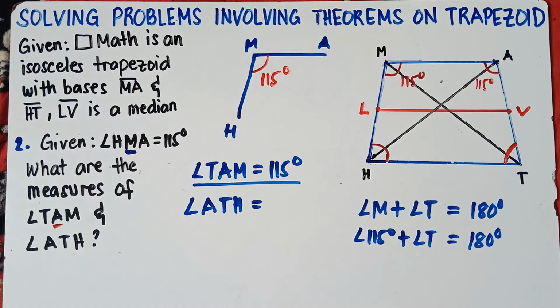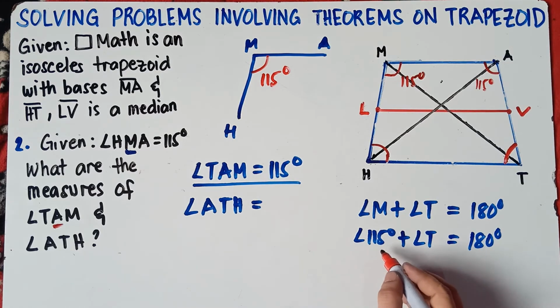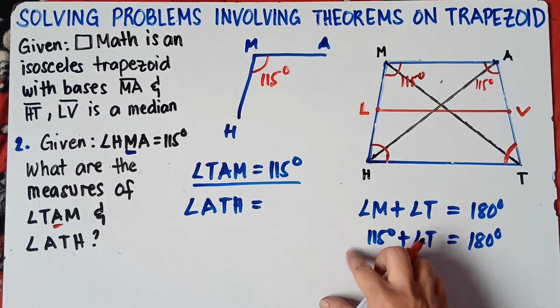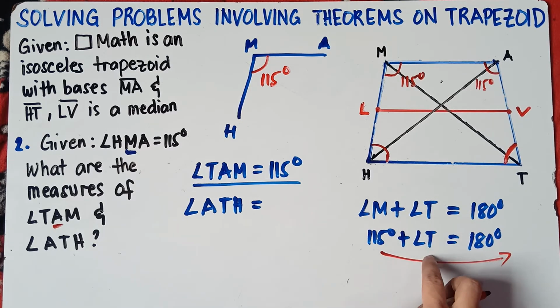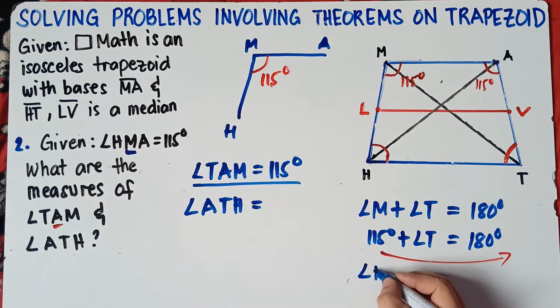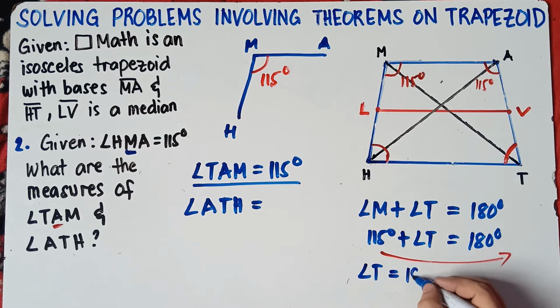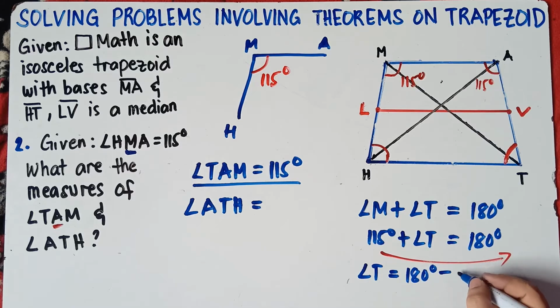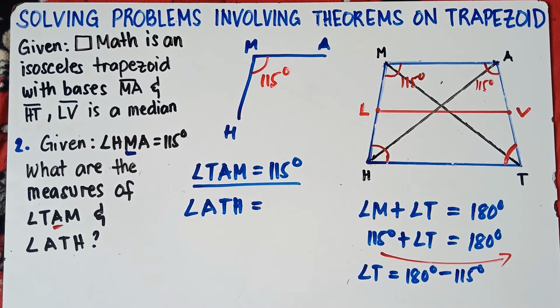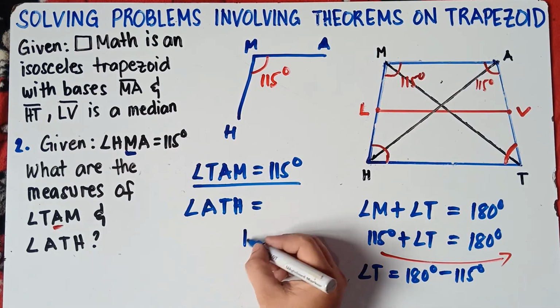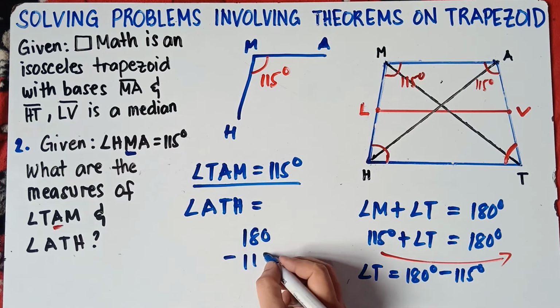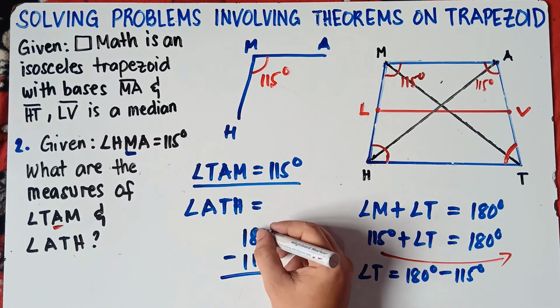To get angle T, transpose angle M, 115 degrees, from left to right. So angle T is equal to 180 degrees minus 115 degrees. Let's subtract that: 180 minus 115. So, borrow 1.